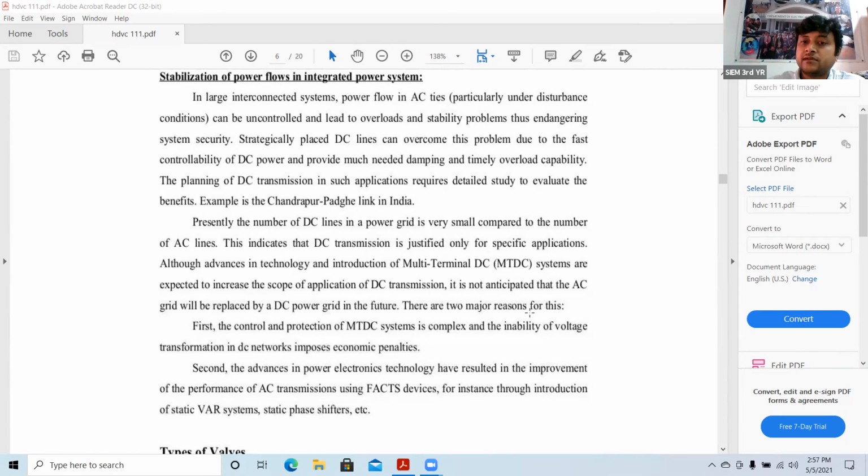There are two major reasons for this. One is the control and protection of multi-terminal DC system is complex, and the inability of voltage transformation in a DC network imposes economic penalties.